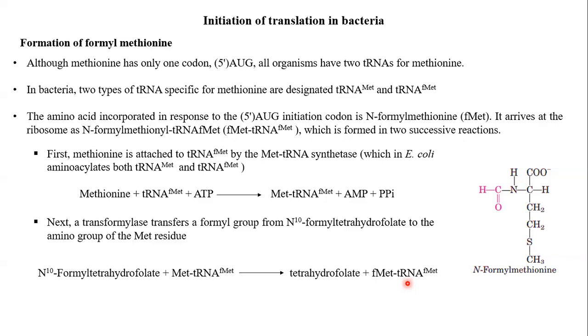In prokaryotes it is easy to differentiate between these two methionines because the one used for initiation is formylated. It is called F-met. That methionine gets a formyl group added. It is called formylated methionine, which is used for the initiation. And the methionine which will come in the rest of the sequence of the polypeptide will be normal methionine, that is the usual methionine structure.